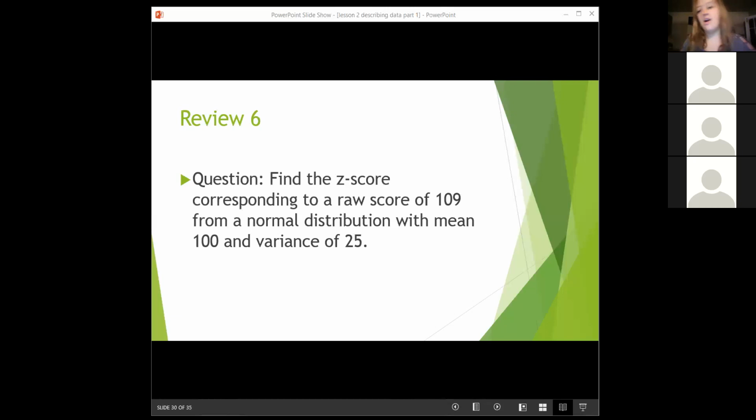So remember our equation for a z-score is going to be z equals our original score minus our mean that we're given here, and then divided by our standard deviation. Oh wait, I wrote this backwards, sorry. X minus x bar, and then divided by the standard deviation.